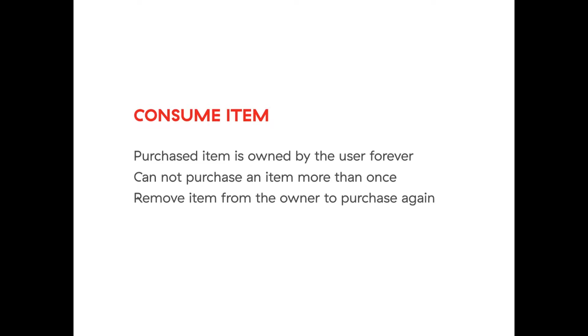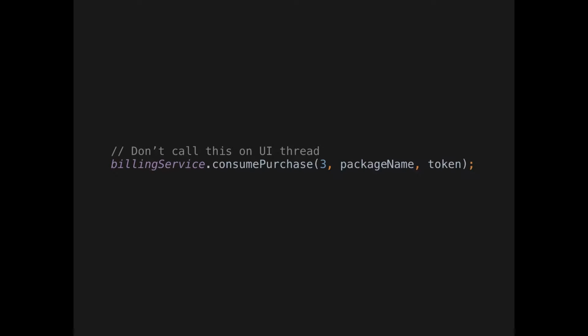So in order to make some items consumable, you need to consume them. And here's where the purchase token gets into use. Also notice that this is the only call that is not thread safe, so you shouldn't run it on the UI thread. All the other calls for get purchases and get buy intent can be called from anywhere inside your app.